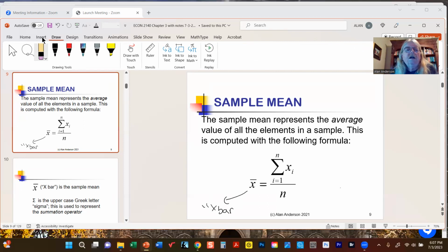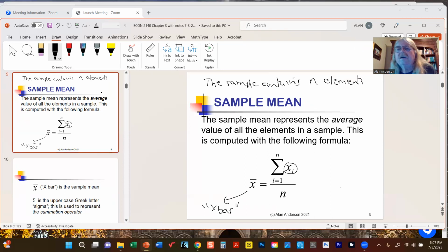Now, what we're assuming here is that the sample contains n elements. In other words, it could be any number. It could be 3, it could be 7, it could be 52. n represents what we're going to call the sample size.